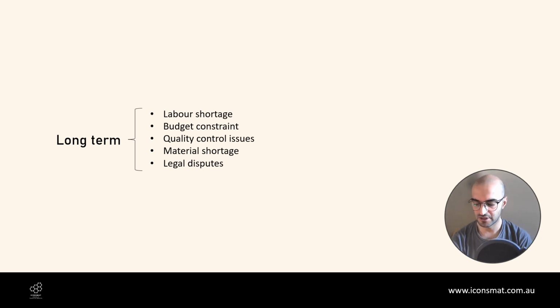Material shortage is when material manufacturers are coming up short due to several reasons. One of the reasons can be lack of supply of raw materials. So you're buying a bag of general purpose grout, which is made out of cement plus sand. If the sand is not being supplied to the manufacturer, that can cause delay in supplying that general purpose grout.